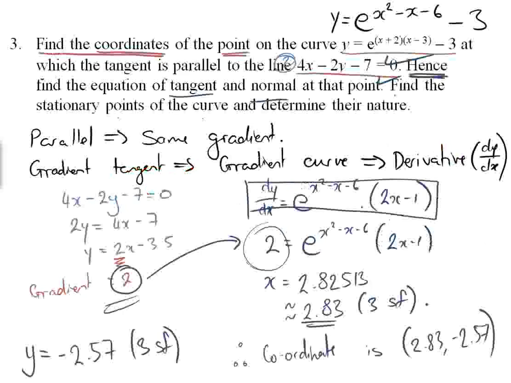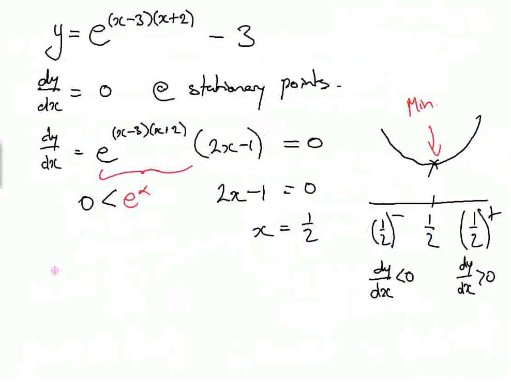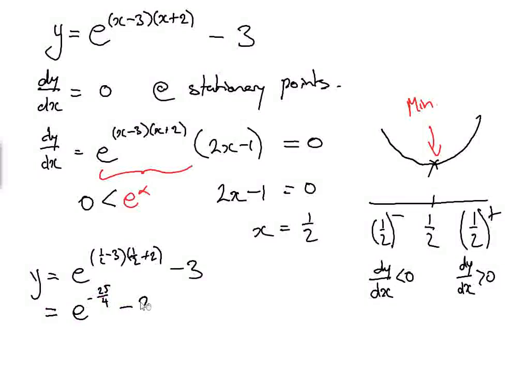So what can we do? Well, what exactly were we asked to do? We're asked to find the stationary points. So let's also find quickly the y value, because we shouldn't leave that unchecked. So y is equal to e to the a half squared minus 3 times a half plus 2, all minus 3, which gives us, after some simplification, not much simplification unfortunately, e to the negative 25 over 4, minus 3.